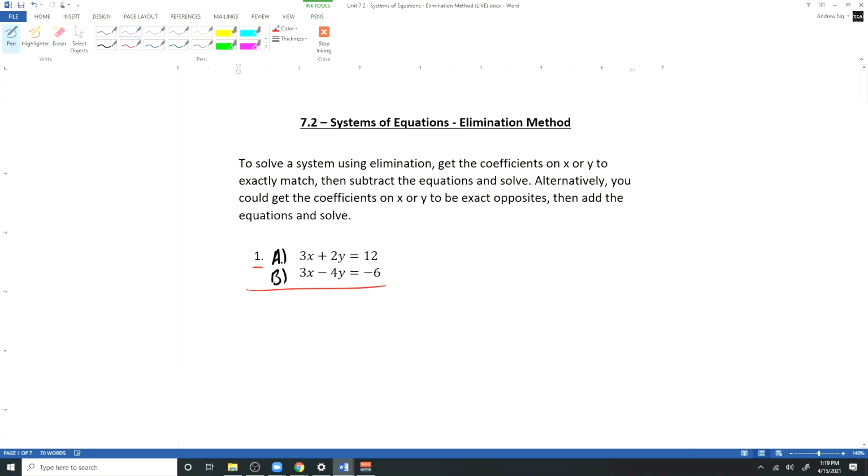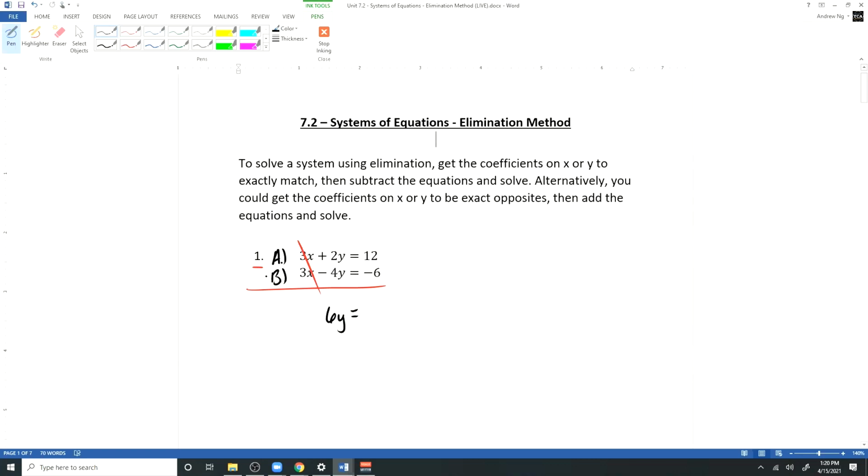Now when I do this, I'll get 3x minus 3x. Those are going to cancel. 2y minus negative 4y, careful with your negatives. I'm subtracting a negative here, so it's kind of like I'm adding. So this will end up being 6y, and this is equal to 12 minus negative 6.